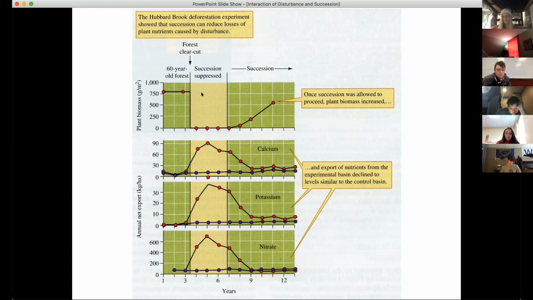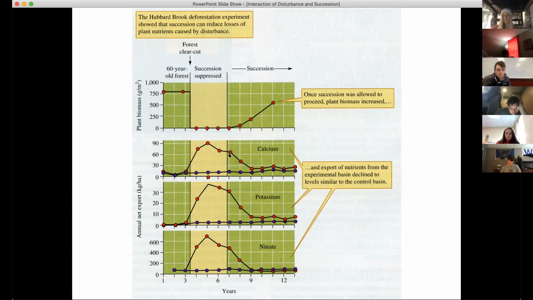But as soon as you let the plants start to return, those plants send down roots into the soil. Those roots are picking up the nutrients that are in the soil, and this ecosystem becomes less leaky as a result of the plants basically sequestering those nutrients into their plant bodies.